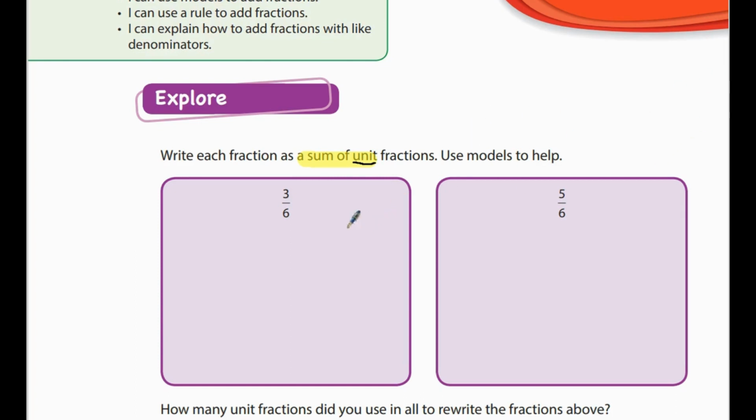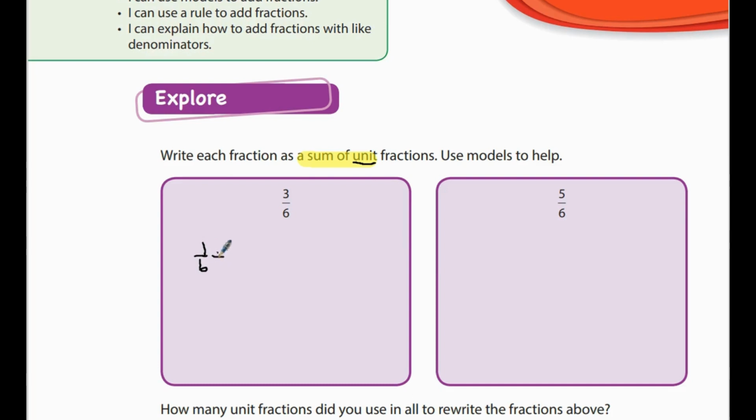You need to think of each particular unit. That means if I have 3 over 6, what would be my unit? My unit is 6. So I know that 1/6 is only 1 unit of sixths.